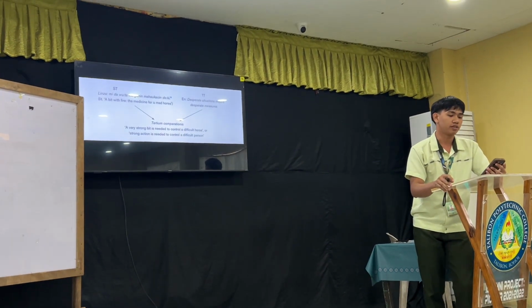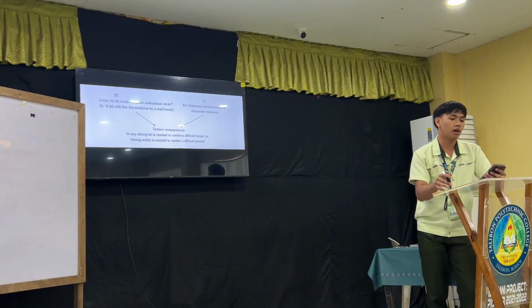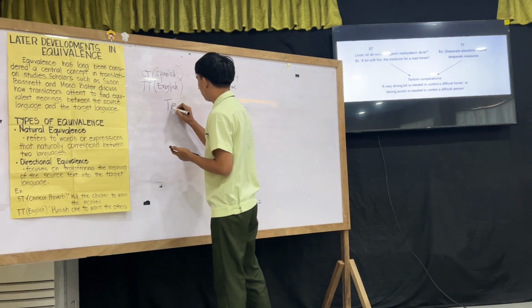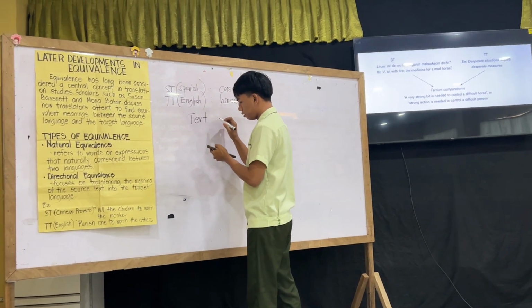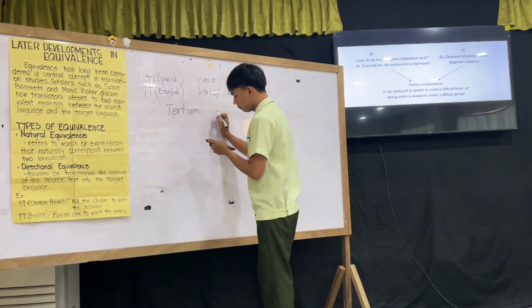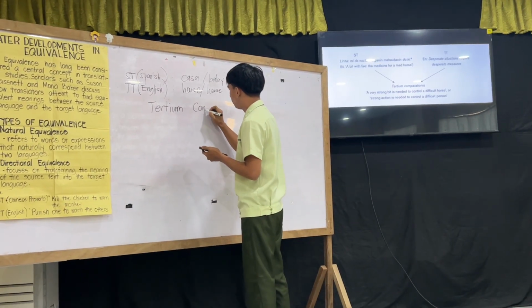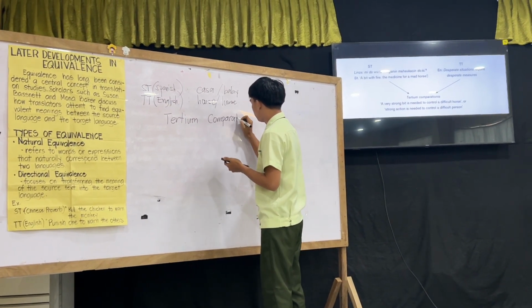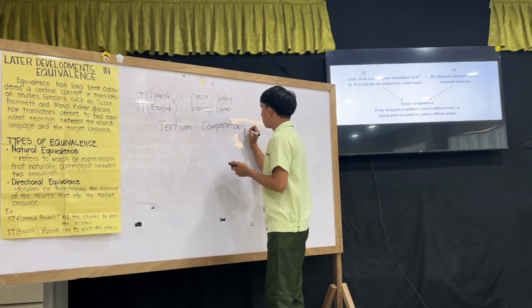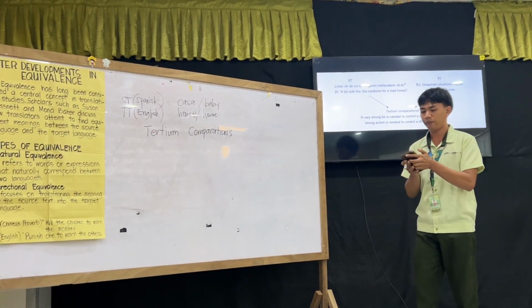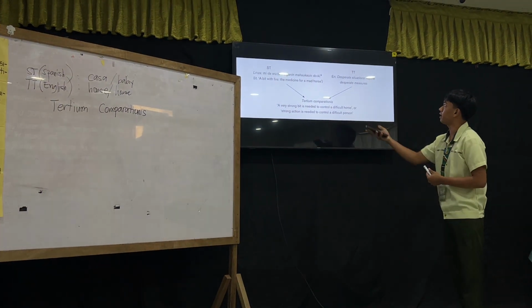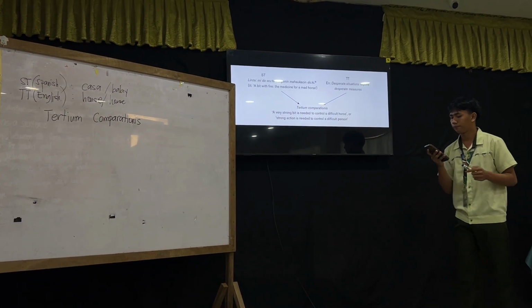In descriptive translation studies, translators sometimes use a concept called, please take note everybody, tertium comparationis, which means a shared point of comparison between the source text and the target text.